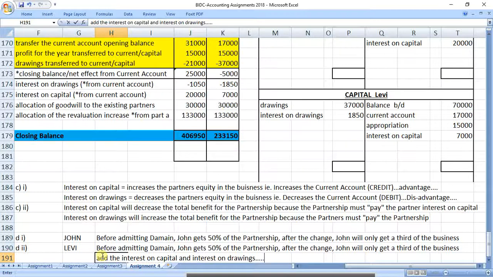Okay, so let me just finish it with John. Both parties get it, John and Levi, but it's John and Levi separately. That's why I'm doing it separately. So John pays 5% on drawings and 10% on capital.